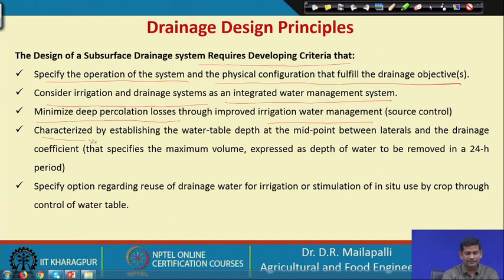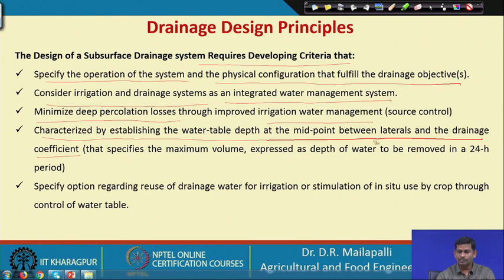And then, characterize by establishing the water table depth at the midpoint between laterals and the drainage coefficient. Your drainage system should be able to equate the water table depth from the top surface at the midpoint and the drainage coefficient.